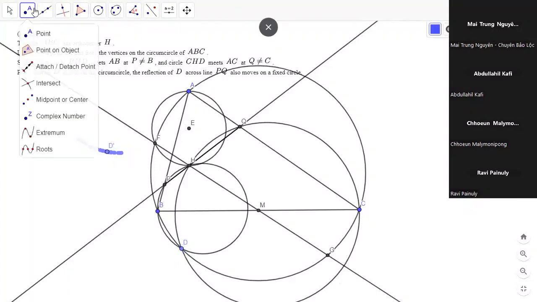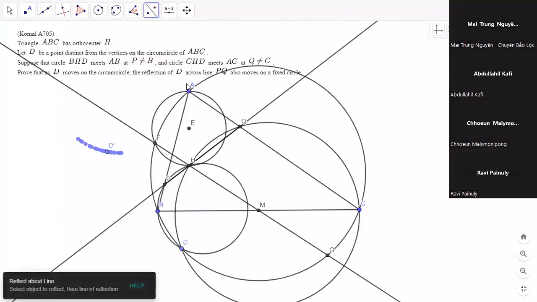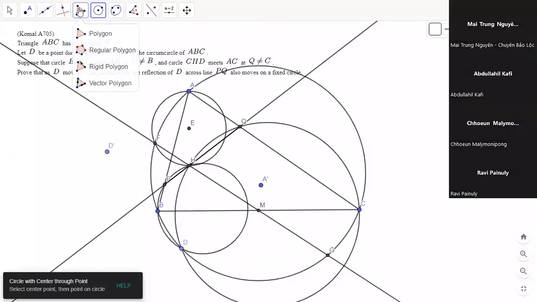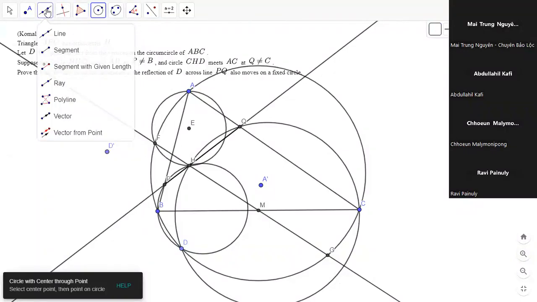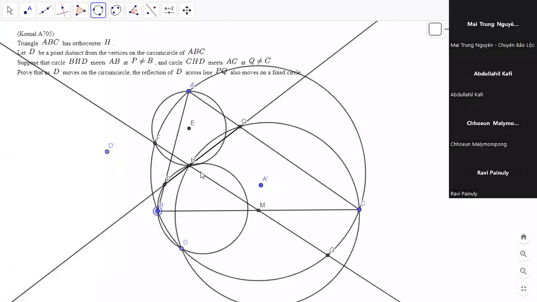So if the other point is A, then we should probably reflect A across PQ. So in that case, what if we have BHA prime and CHA prime?